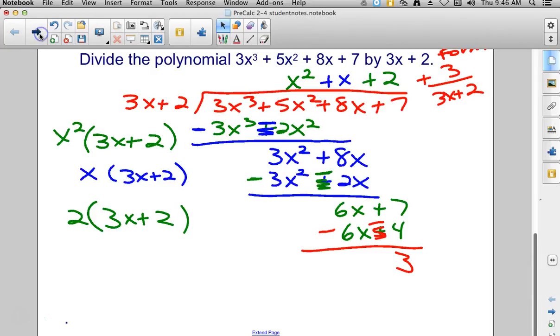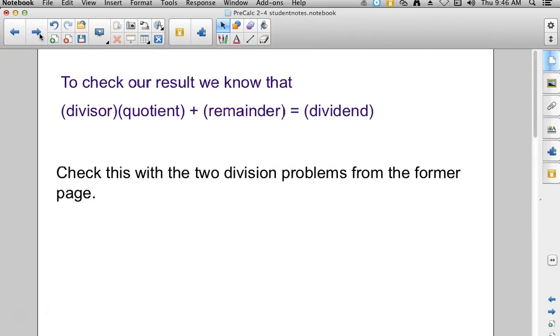So, to check our results, math has to work forwards and backwards. It has to. So this says, if we know that the division worked, well then when we multiply this stuff back together, we better get back to the original. So here's what we had. We had a 3x plus 2.